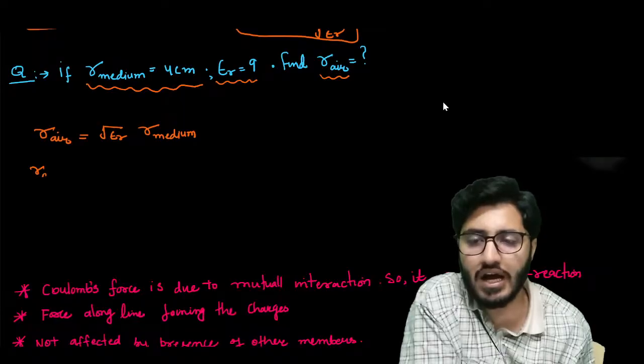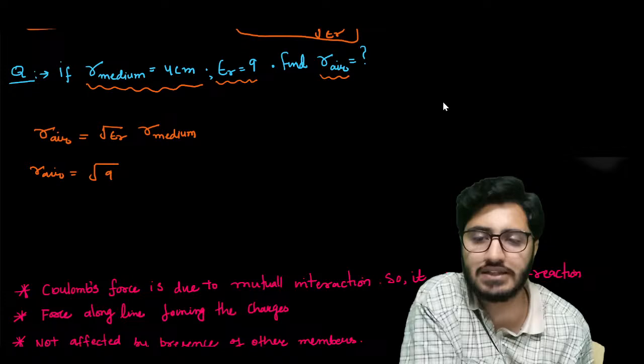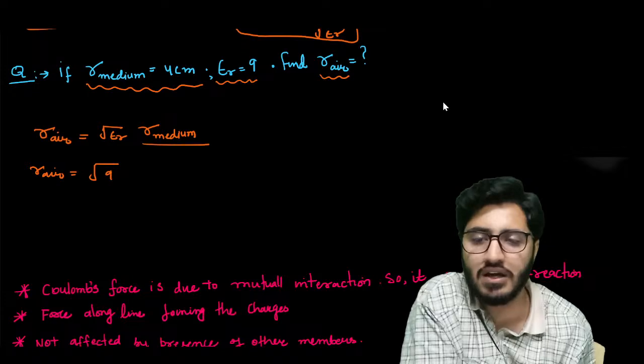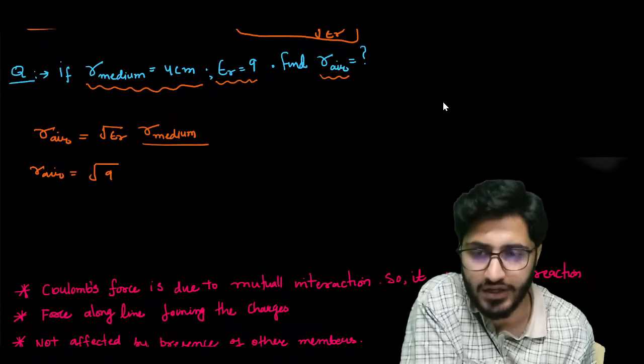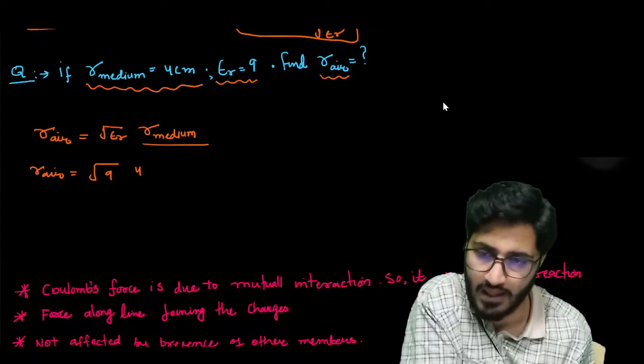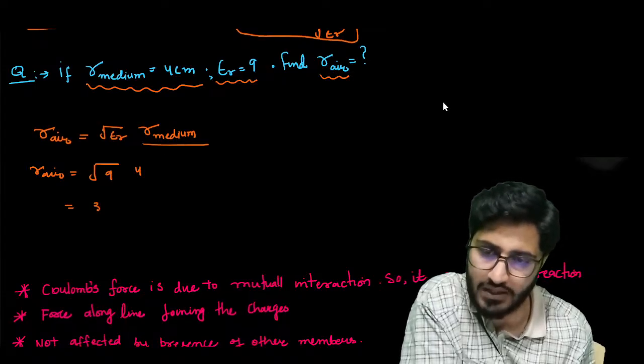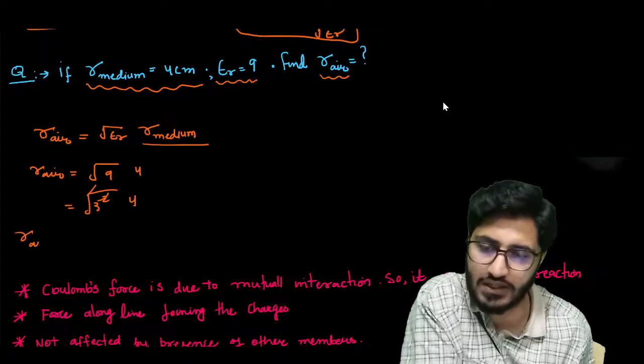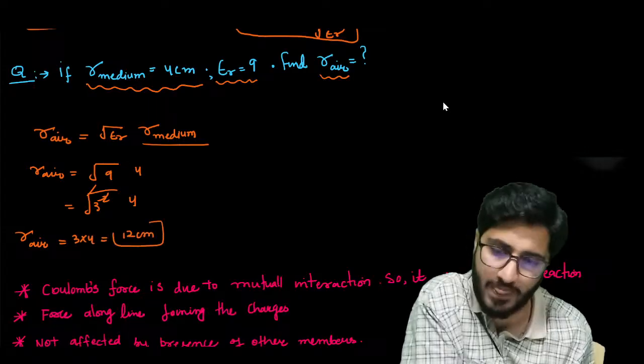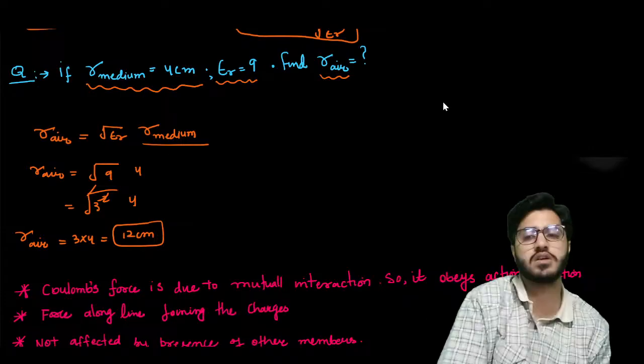Under root of 9 is 3, and distance in medium is 4, so distance in air equals 3 into 4, which is 12 centimeter.